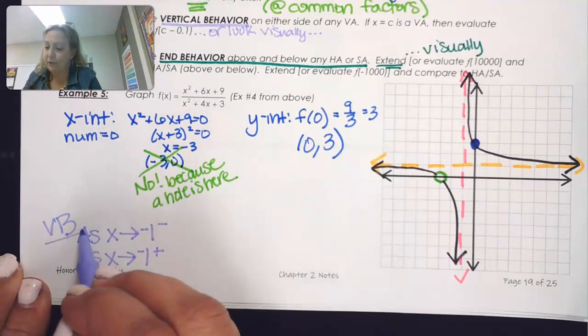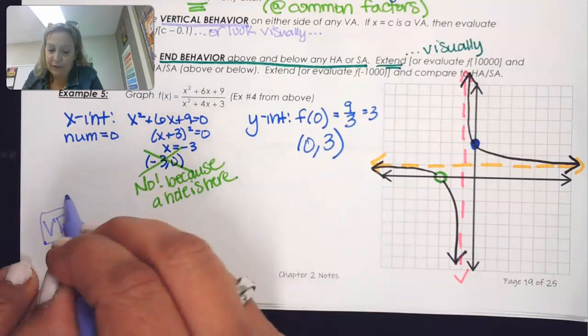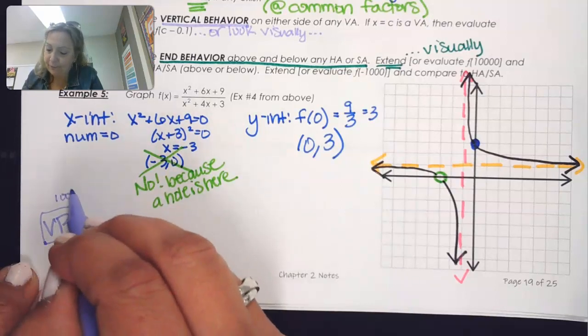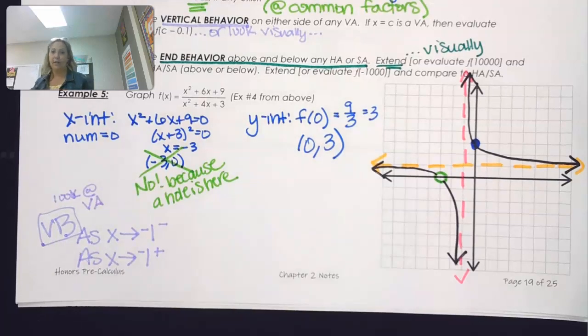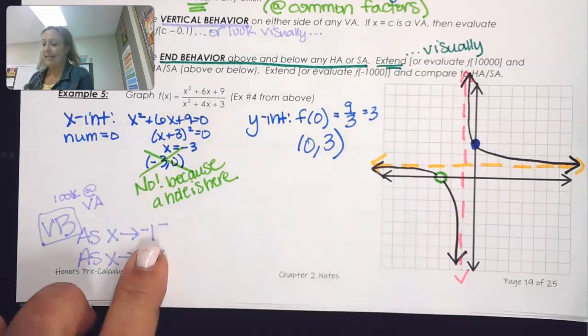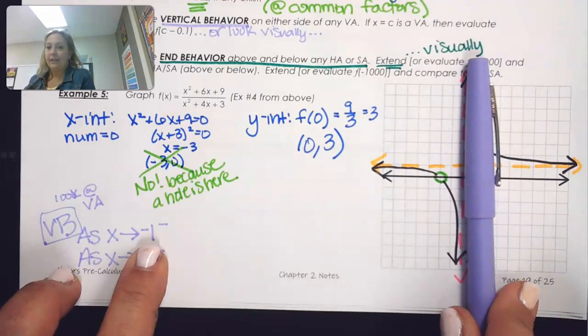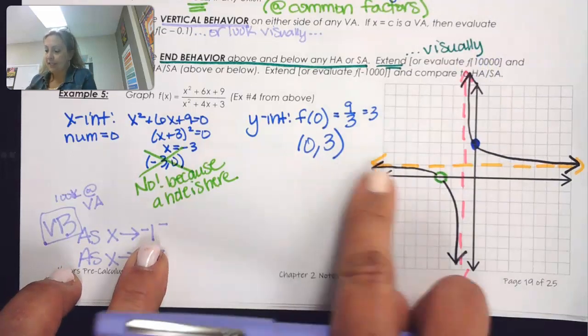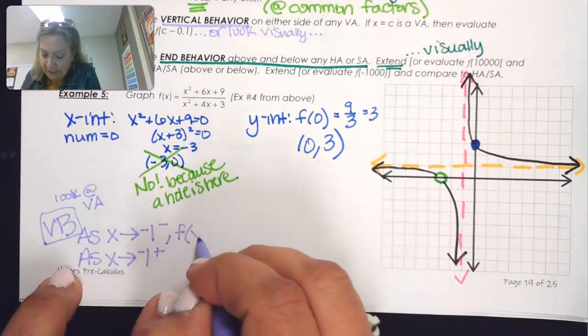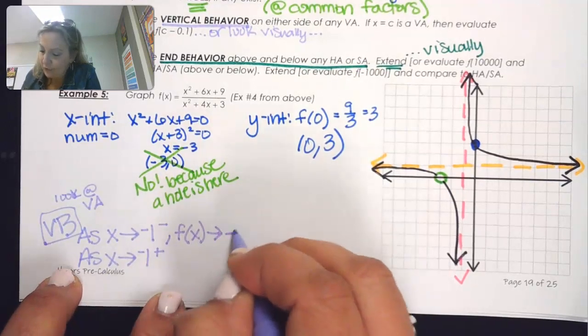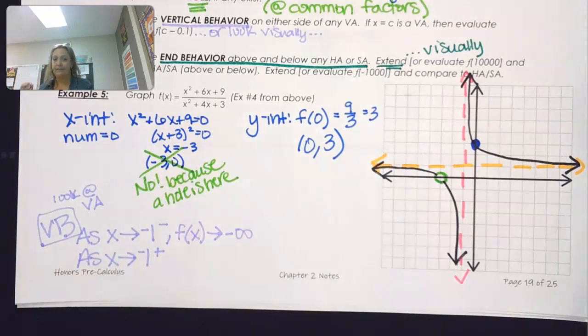Again, for the vertical behavior, I don't know if you need to write this. You look at your vertical asymptote. Okay? So what's happening on the left? On the left, the function is going down. So as we look to the left, f of x is going towards -infinity.